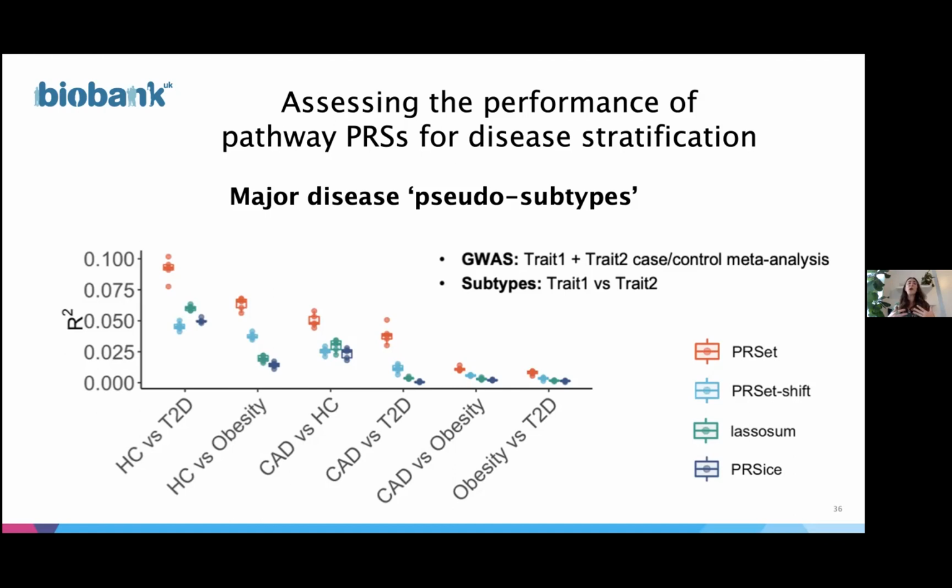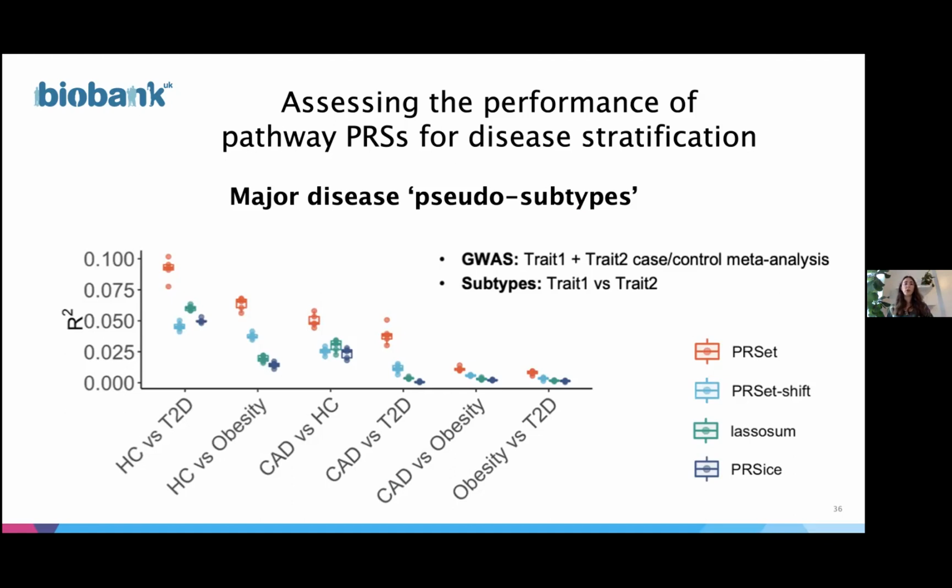And because I was showing before that we need large target sample sizes for PRSet to be well-powered, but then we don't have individual level genotype and phenotype information for huge subtypes. So what we came up with here is creating pseudo subtypes of major diseases that were available in the UK Biobank.